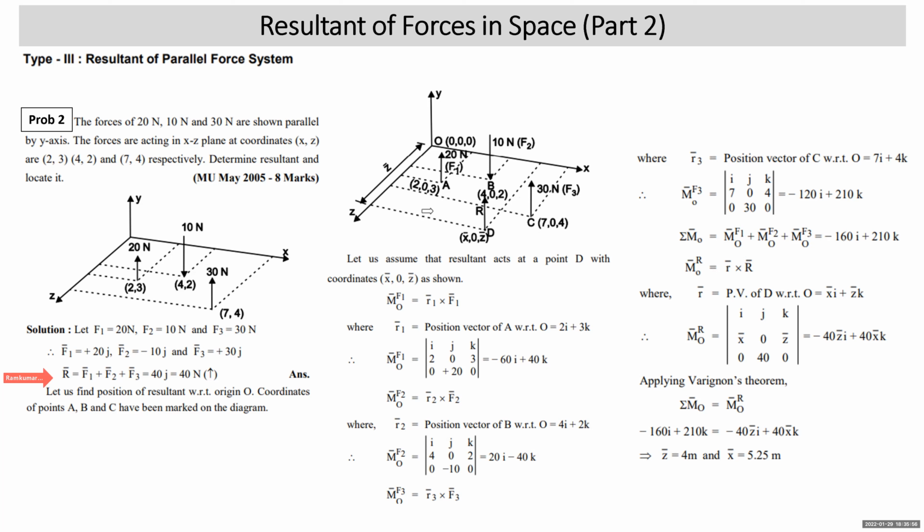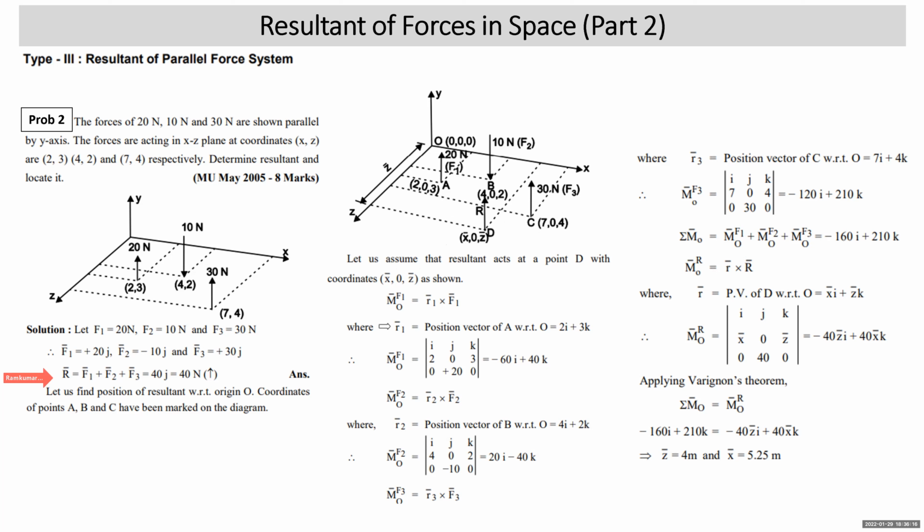And I assume that the resultant is passing through a point D having coordinates (X bar, 0, Z bar). Why X bar, 0, Z bar? Because it is acting on a point which is in the xz plane, so its Y coordinate has to be 0, as the Y coordinate of all other points in the xz plane is also 0.